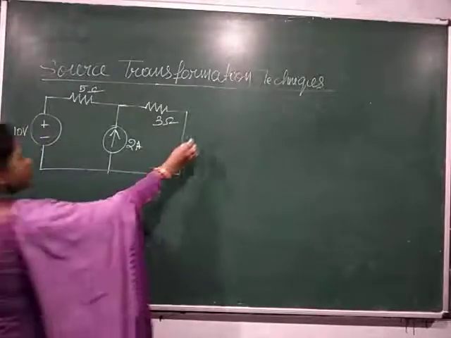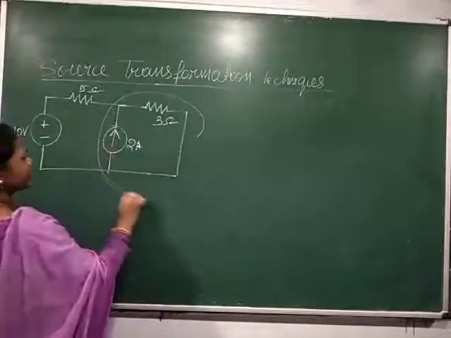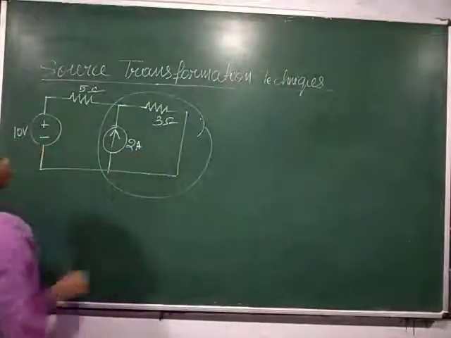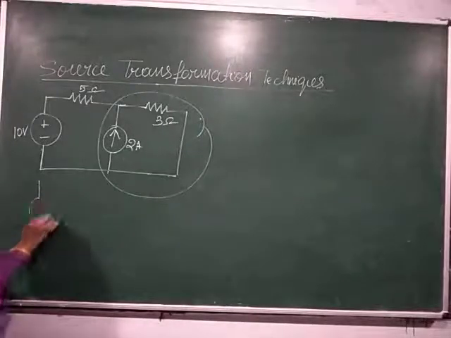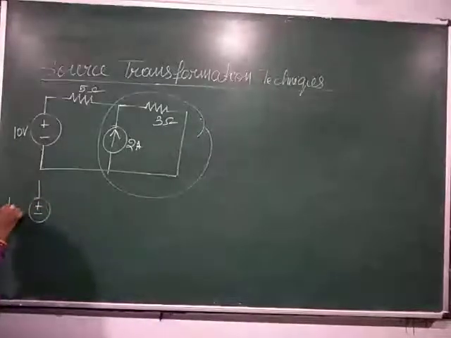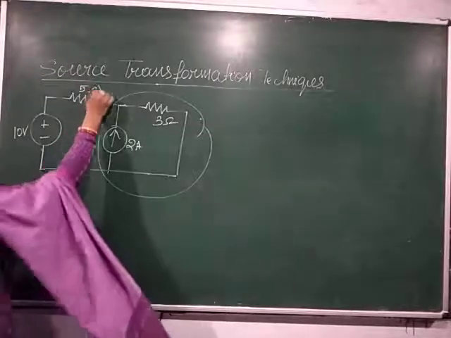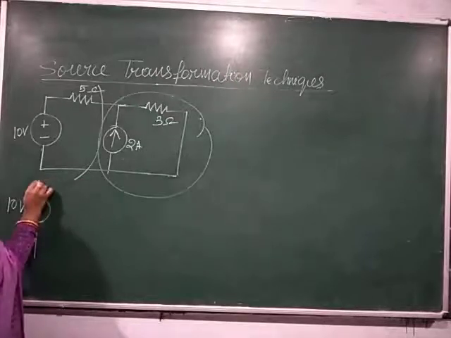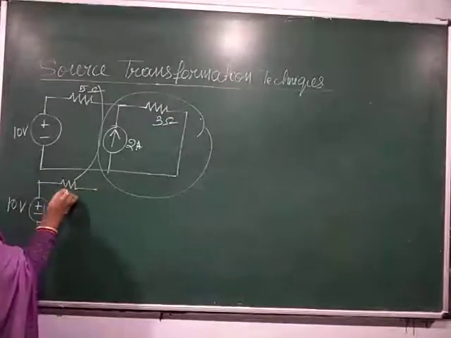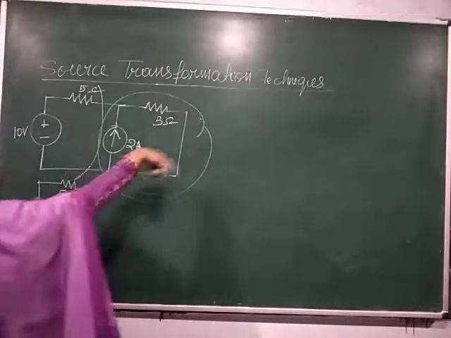First you convert this portion into a voltage source. I keep the left hand side the same without change, and I draw this again. I only convert this part.